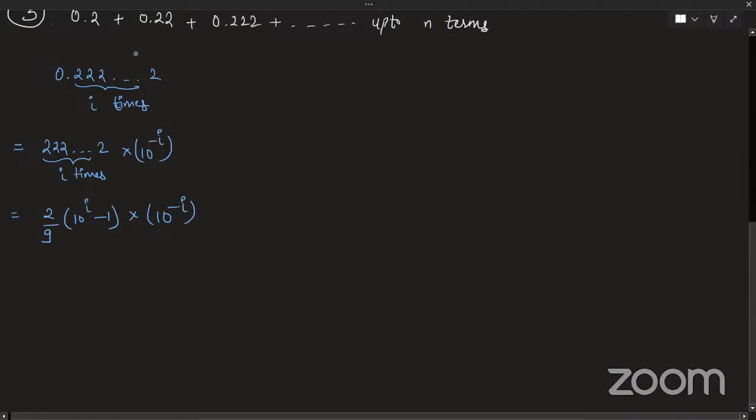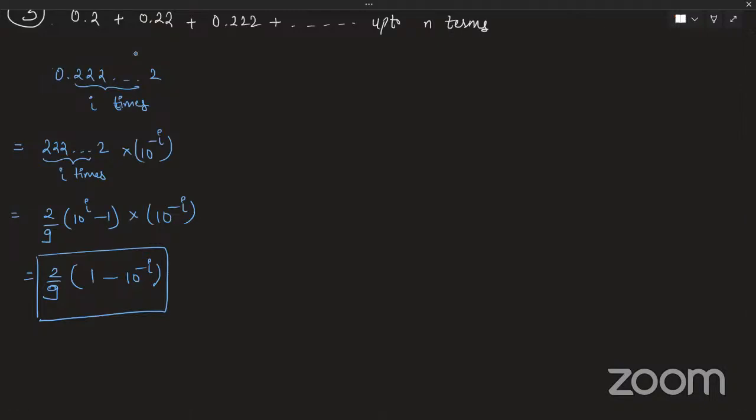Now you multiply this, so it is 2 by 9 into 1 minus 10 raised to minus i. Got it? No worries.